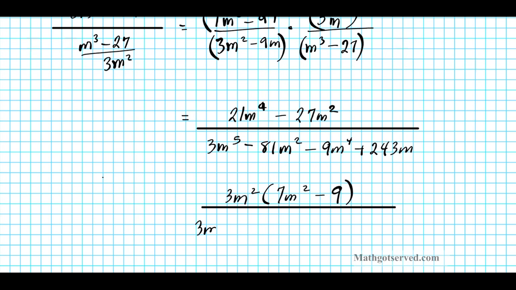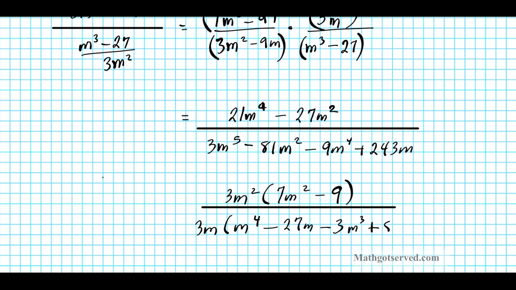So you factor out 3m, you'll be left with m to the fourth minus 27m to the third minus 27m, because you took out one of the powers.